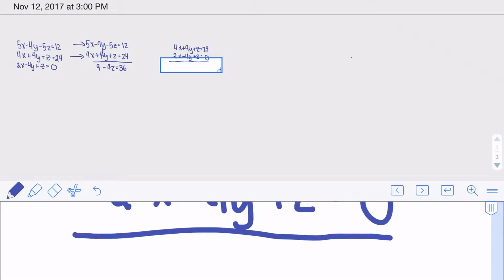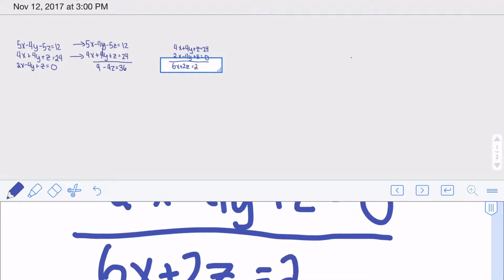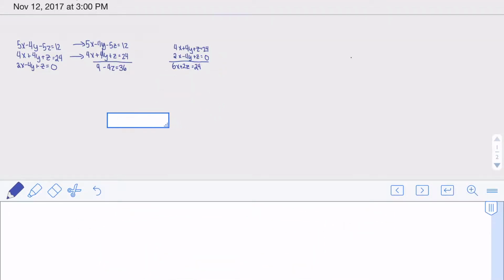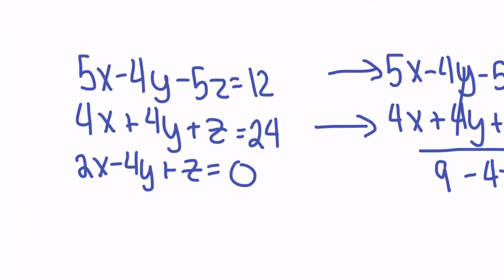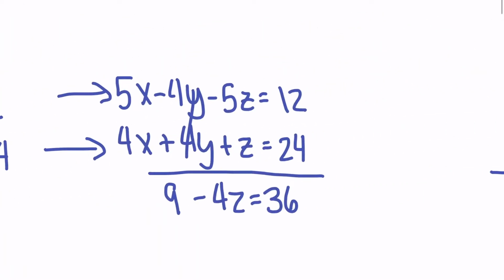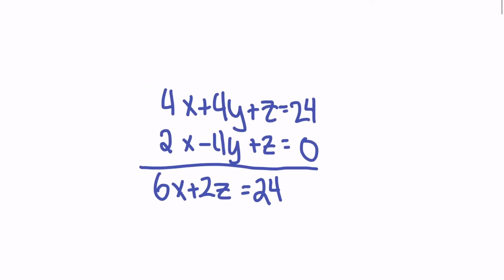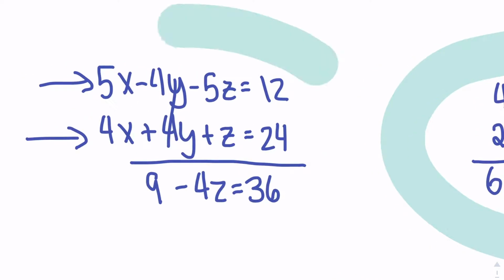I add the 4x and the 2x together, getting 6x. 4y minus 4y equals 0, canceling those two out, and z plus z equals 2z. And then 24 plus 0 is 24, leaving you with 6x plus 2z equals 24.